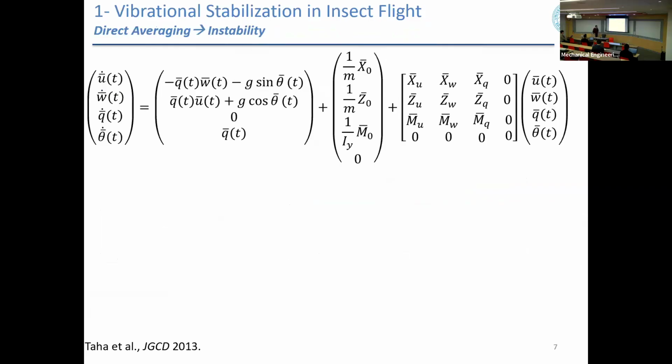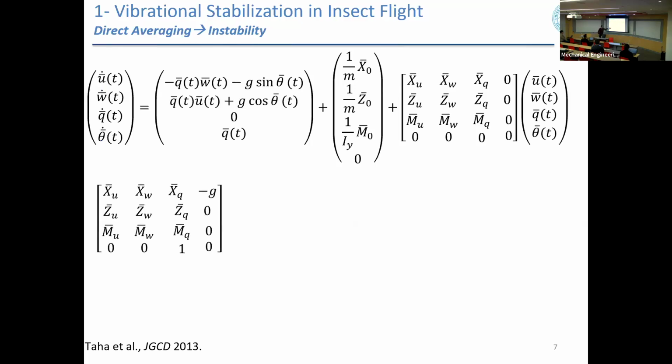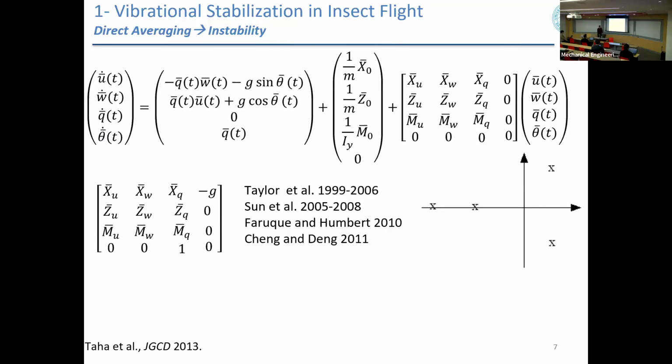We got rid of the fast time scale. No more explicit time dependence. This system is time invariant. So you can do whatever you like. Yes, it's still nonlinear, but you can always linearize and check the eigenvalues. And here you can see that there are two eigenvalues in the right half plane, indicating that the system is unstable.